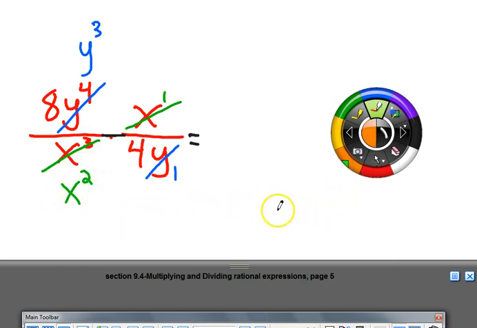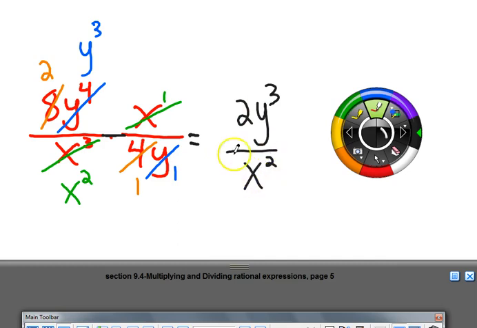Now, the 4 here and the 8, you don't subtract them, you actually divide them, because 8 over 4 is 2 over 1. Now, after all that carnage, let's take a look here. I've got a 2 and a y to the third up top, and I've got an x squared in the bottom. Done deal.